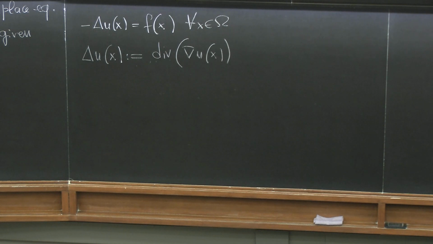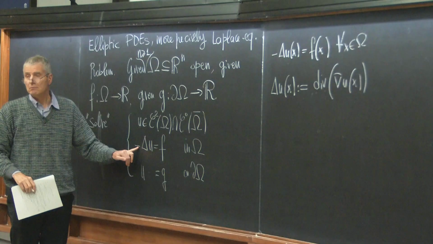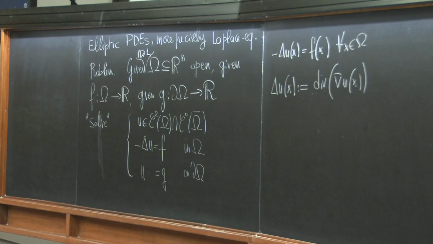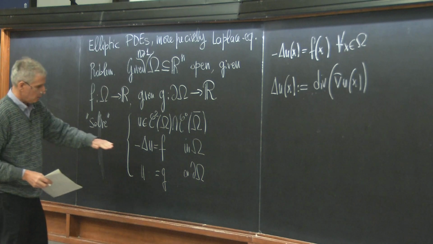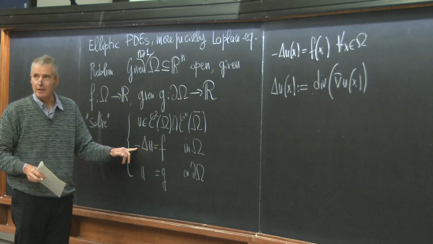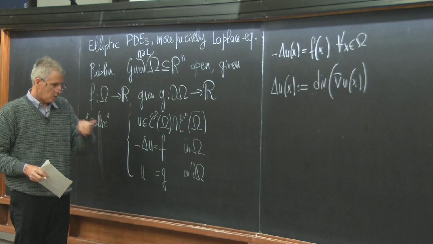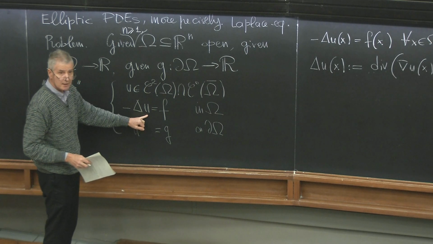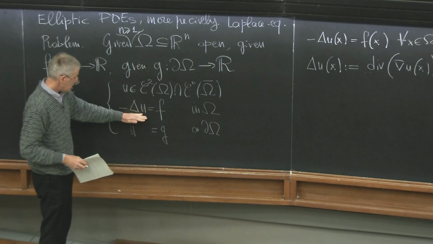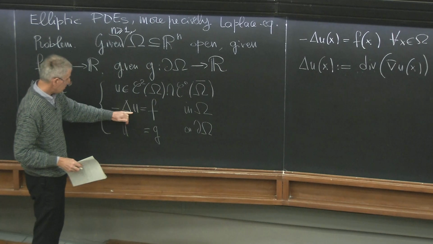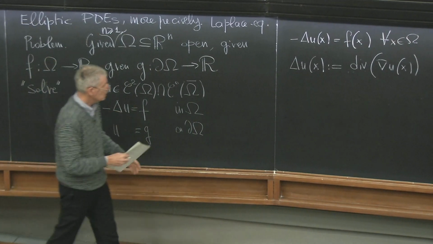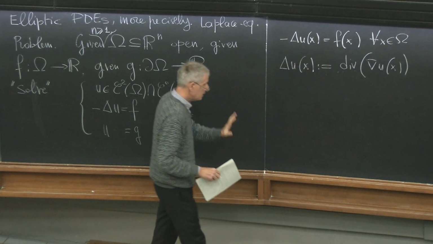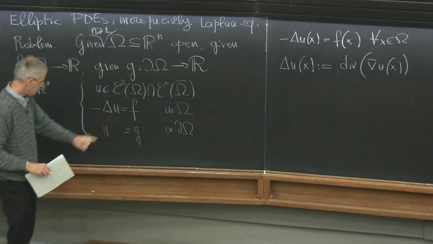So the minus here, I prefer to put a minus. Some authors do not put a minus, but let's keep this convention. So this object here is the PDE we are interested in. It is classically written, which means at any point of the domain, this must be valid. Okay, this is the meaning in which I'm writing this PDE.